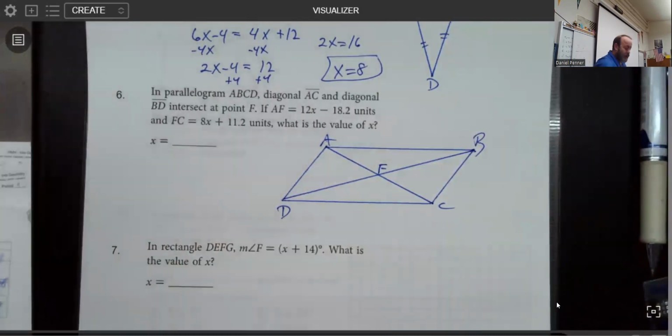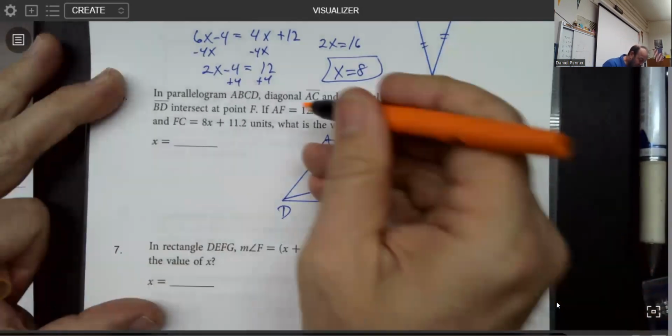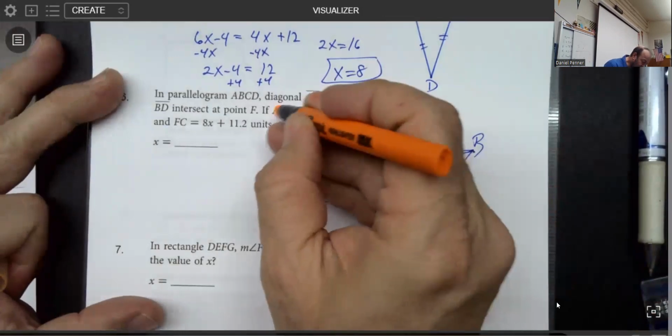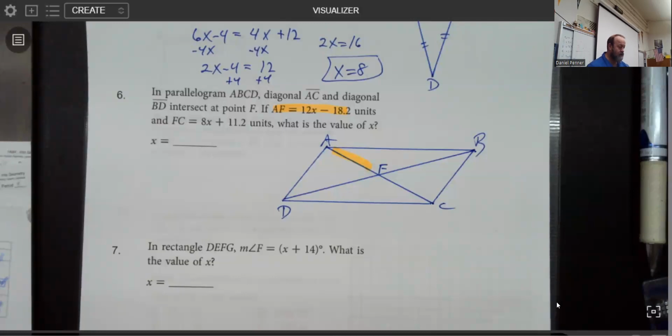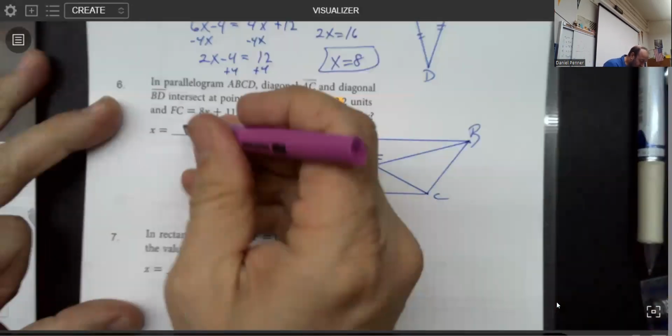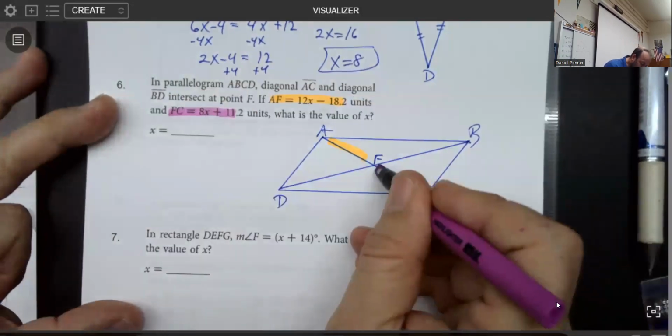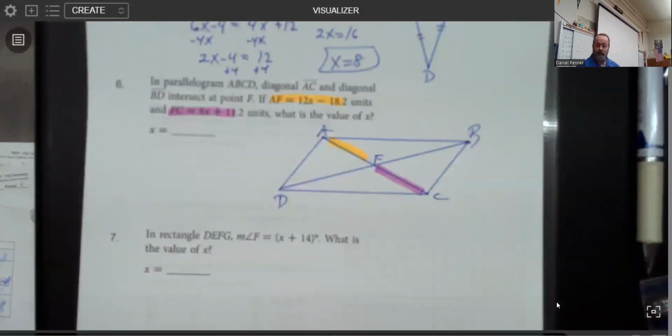So going a little bit further, they're telling me that AF, this guy right here, is 12x minus 18.2. And they're also telling me that FC, this guy right here, is 8x plus 11.2.